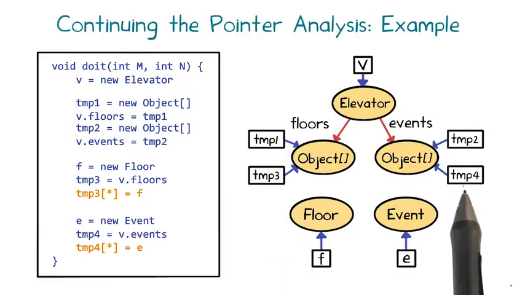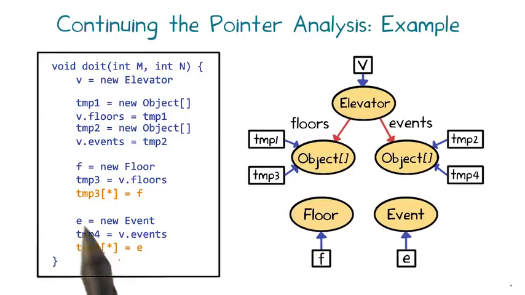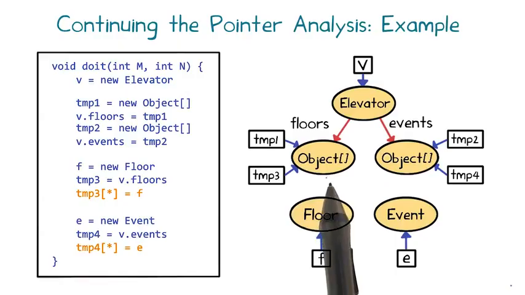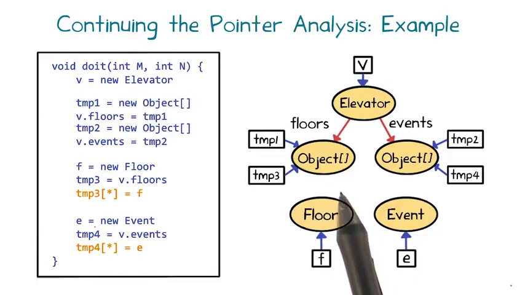Now that we have created nodes for temp3 and temp4, we can apply the field write rules to the statements that we skipped previously. Looking at this field write statement, since temp3 points to this object array and F points to this floor node, we can add a red arrow labeled by an asterisk from the object array to the floor node.